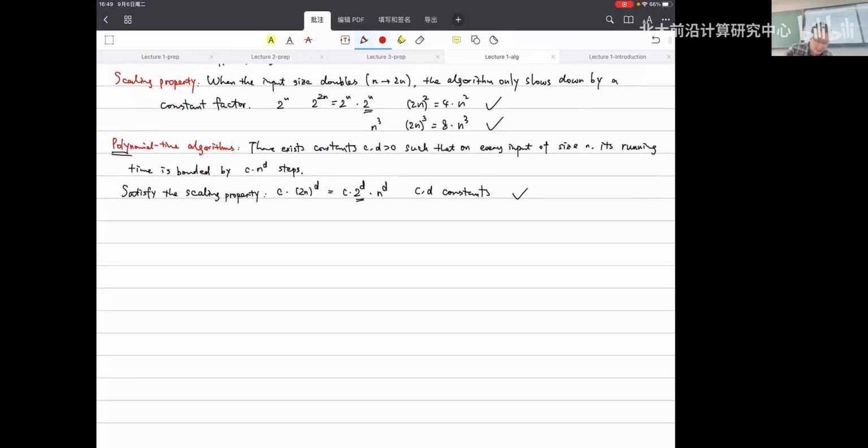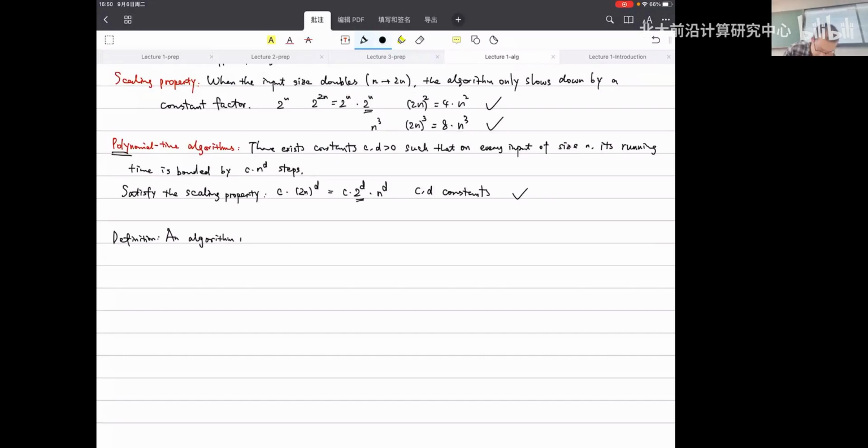Throughout this course, we consider an algorithm efficient if it can be solved in polynomial time. A problem can be efficiently solved if there exists an efficient, that is, a polynomial time algorithm for the problem. So let's write this down.